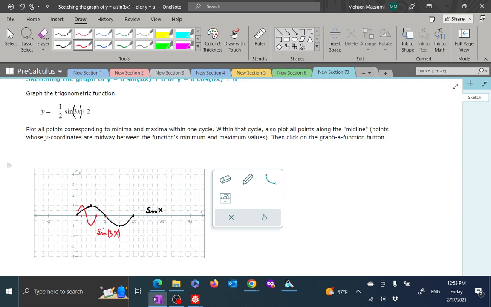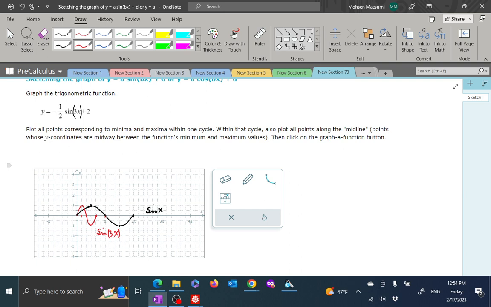So everything ran 3 times as fast. Instead of going all the way to 2 pi, we are finishing at 2 pi third, which is this location. 2 pi was 12 blocks away. A third of that becomes 4 blocks, and that's where we are going to be.